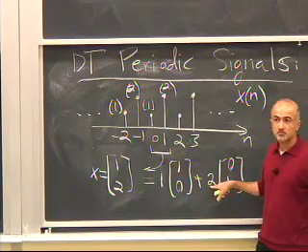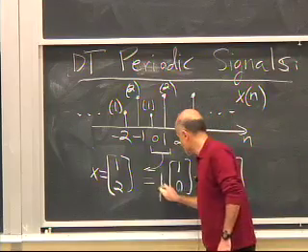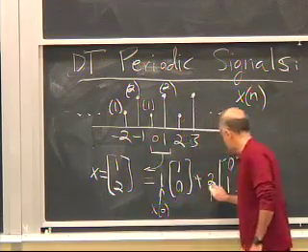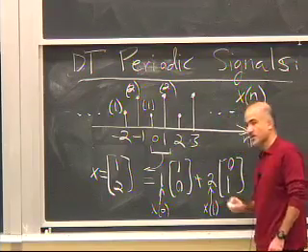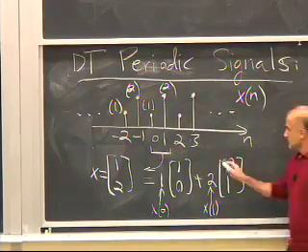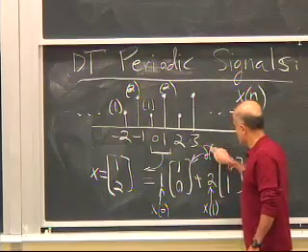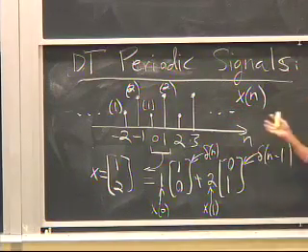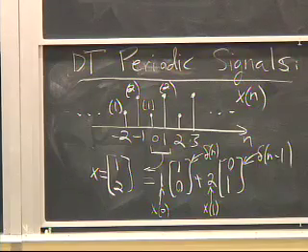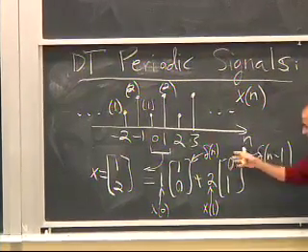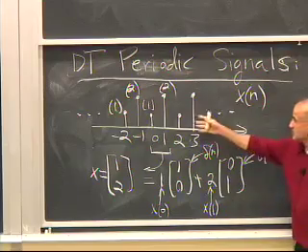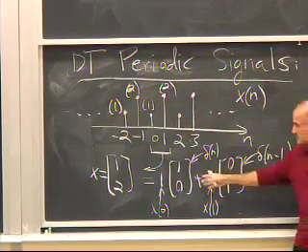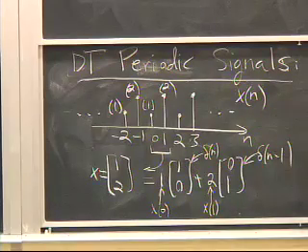You see that? So this would be x at 0, this would be x at 1. This would correspond to delta of n. This would correspond to delta of n minus 1. Now, if you had a periodic signal that had a larger period, you'd have several more of these, and the vectors would be longer. If this had been a periodic signal with period 3, your vectors would have had 3 components. There would have been 3 elements in your linear combination.